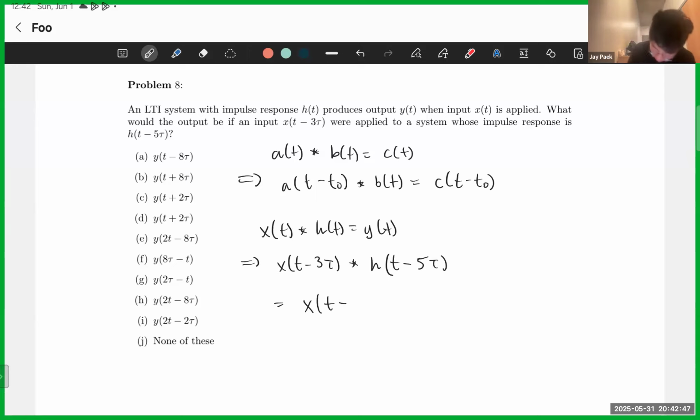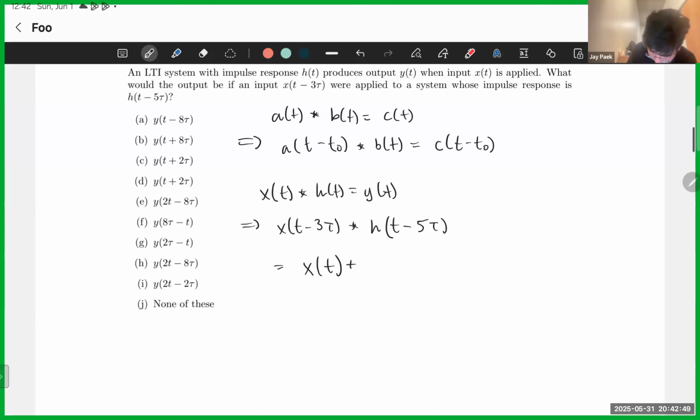Okay. Let's do this. Let's say this is equal to some mystery function, like z of t.